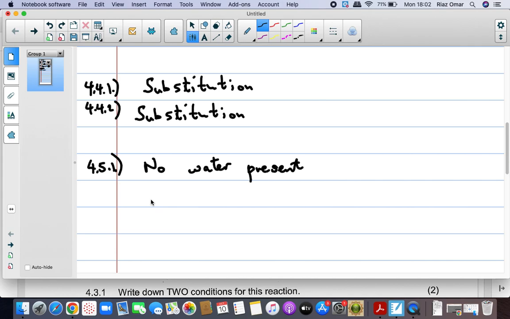Example, nickel. We must have a catalyst. There may be others that you can use, but we're not going to go into them now. Maybe platinum, etc.